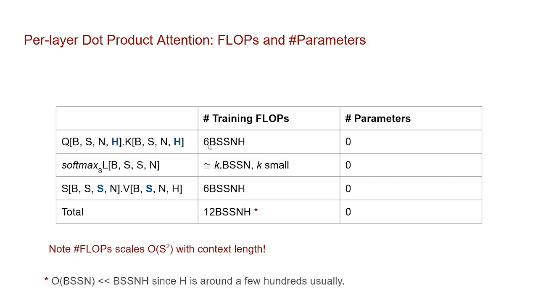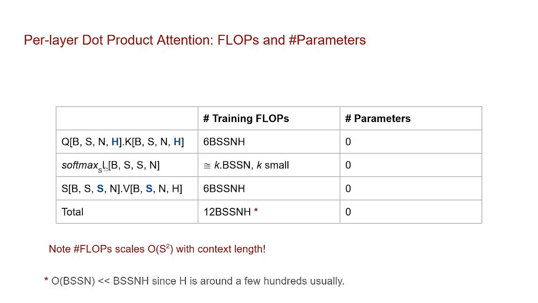Multiplying them involves 6BSSNH number of flops. Recall again how the S here and S here have different meanings and they are not the batching dimension. The output of this we denote by capital L, and it's of this shape BSSN.